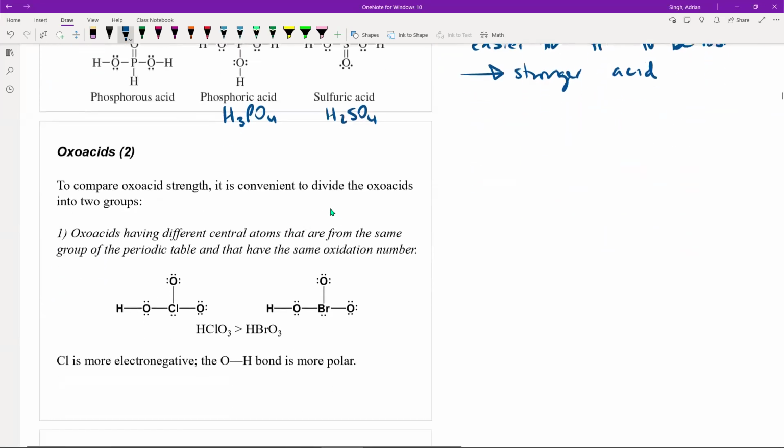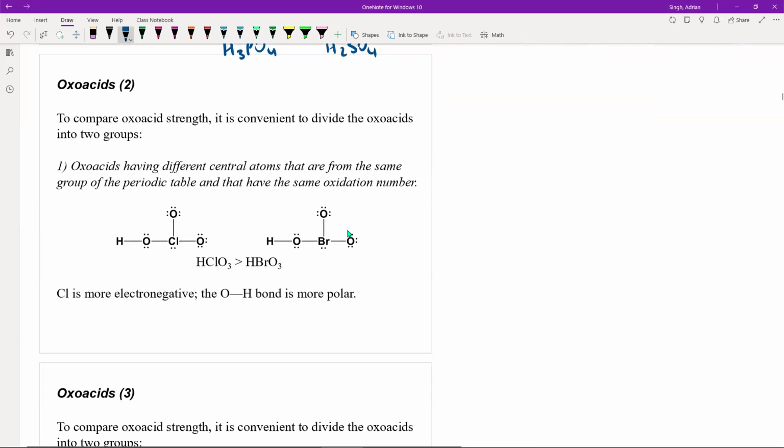So when we compare oxoacid strength, it's best to compare sort of apples to apples or oranges to oranges, if you will. So we're going to divide them into two general groups. The first group is oxoacids that have different central atoms that are from the same group of the periodic table, and that also have the same oxidation number. Okay, so for example, we have the one on the left here. So our central atom there is chlorine.